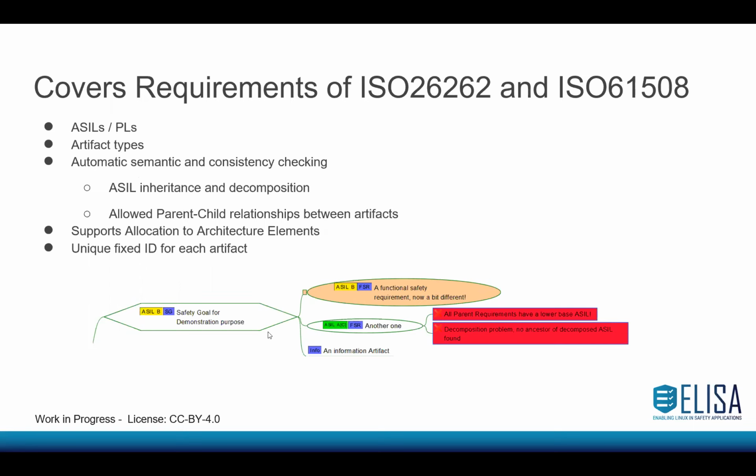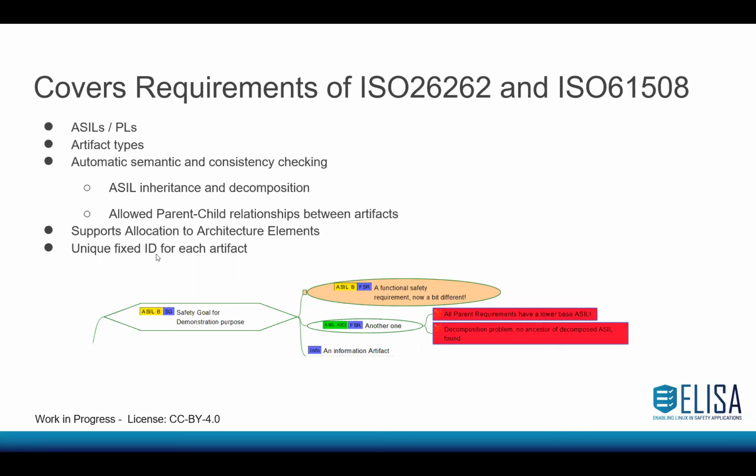And also the typical artifact types coming from the automotive world: safety goals, functional safety requirements, technical safety requirements, hardware and software requirements, information artifacts, and a couple more. And it also brings automatic checking of consistency and semantics. I showed it down here. We'll see it in action in a second.